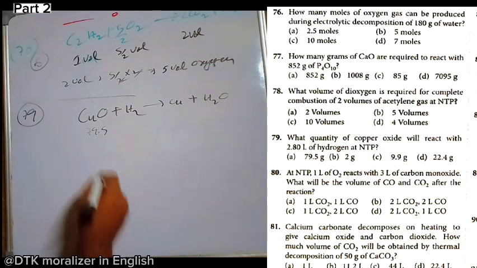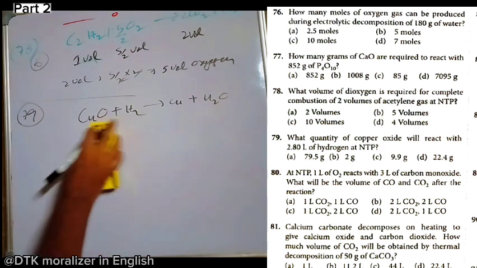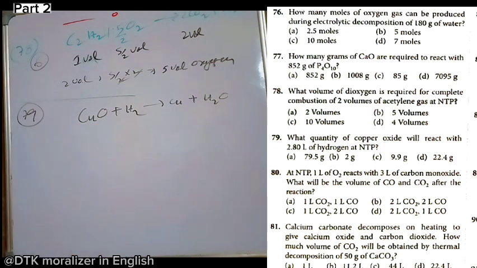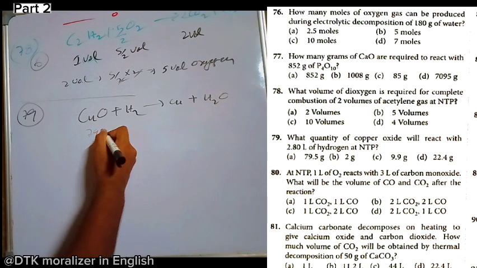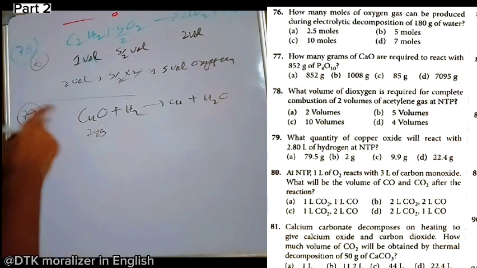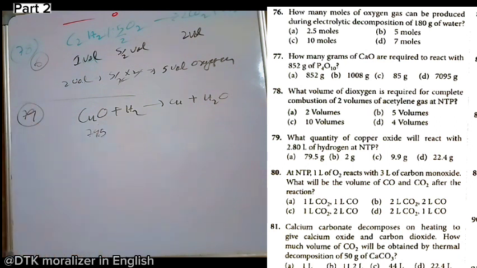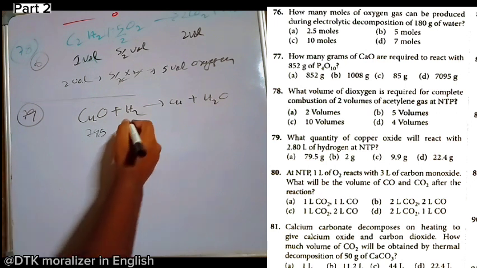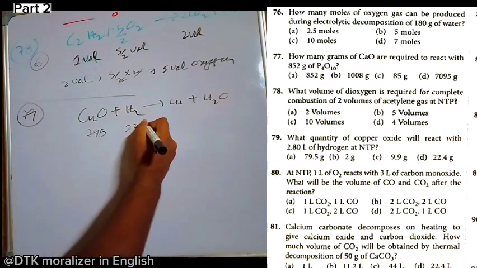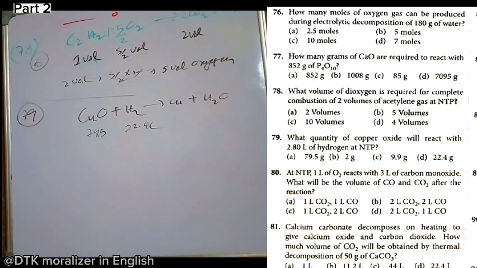Here 79.5 is the molecular weight of copper oxide, which is 1 mole, which reacts with 22.4 liter of hydrogen.